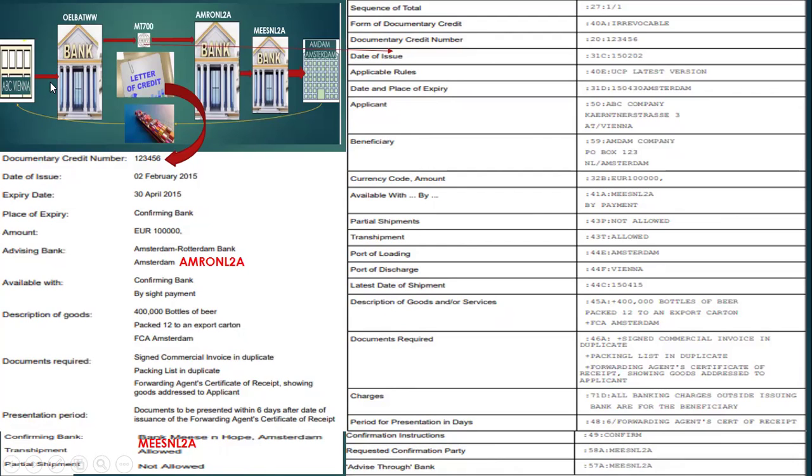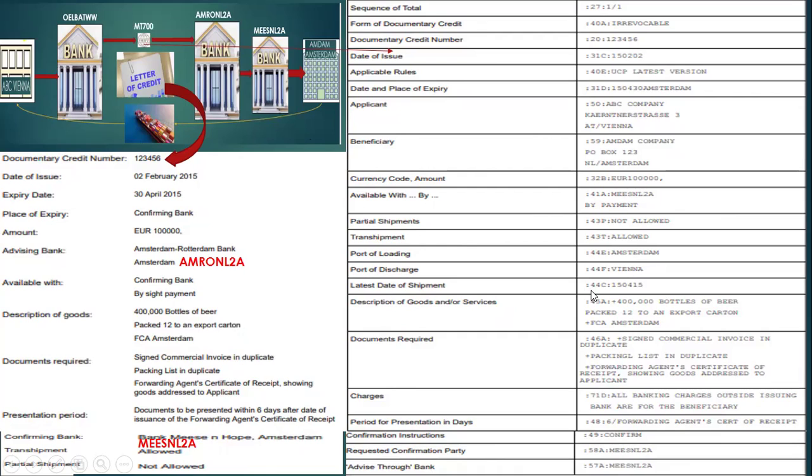That is, when ABC Vienna pays this Vienna bank, only then will they release the 400,000 bottles of beer to ABC Vienna. So port of loading is Amsterdam, because it was loaded from the Amsterdam countryside.